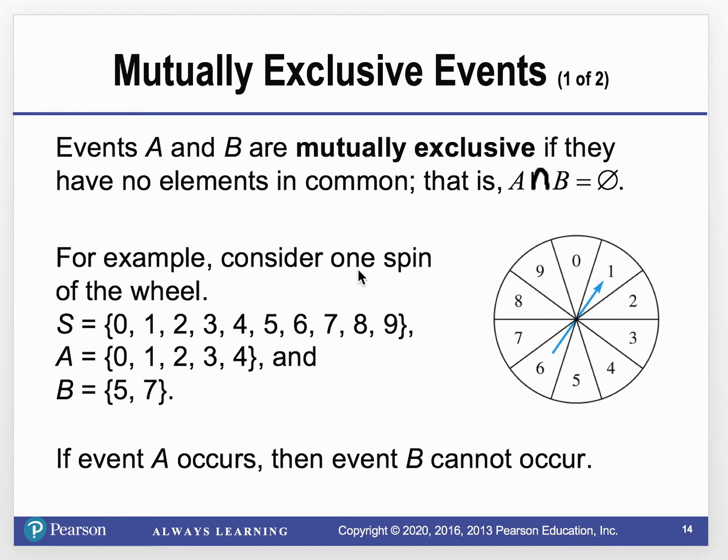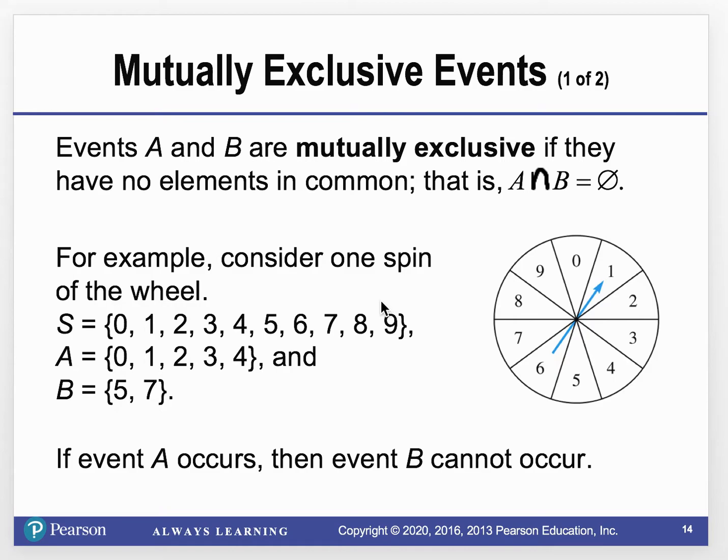For example, consider one spin of the wheel. In this case, our sample space is the numbers 0 through 9, because that's everything that's possible. If event A is 0 through 4 and event B is 5, 7, you can't land on one of these and at the same time land on one of these. So those events are called mutually exclusive.